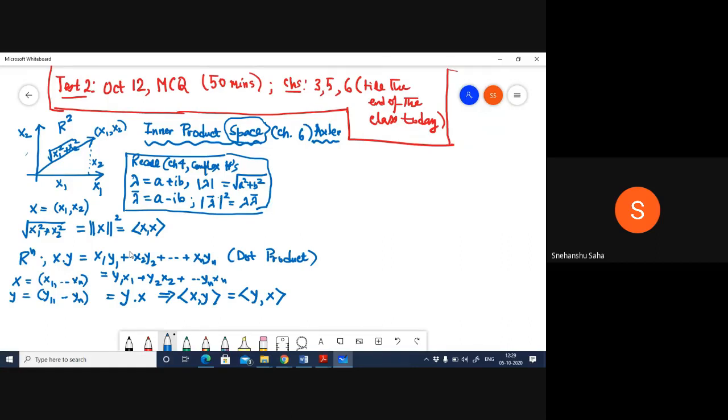Now, if we are defining my vectors over a field of complex numbers, then the norm of that vector is defined in the following manner.